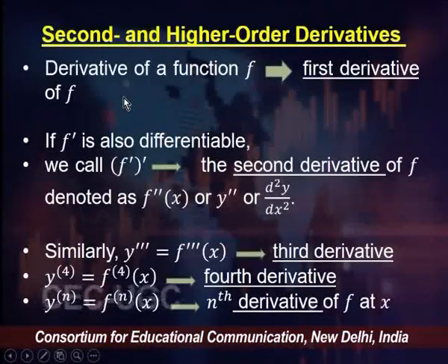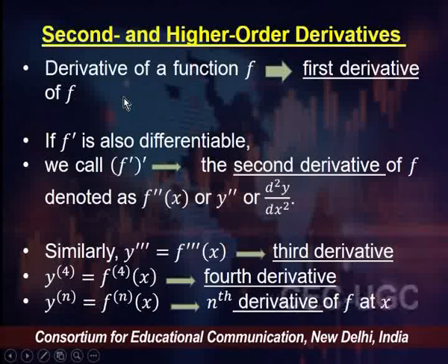Okay, so in this lecture, the last part that we now have to discuss is higher order derivatives. This is basically bringing in the idea of second order derivatives, third order derivatives, and so on till the nth derivative. So let's just quickly introduce this.